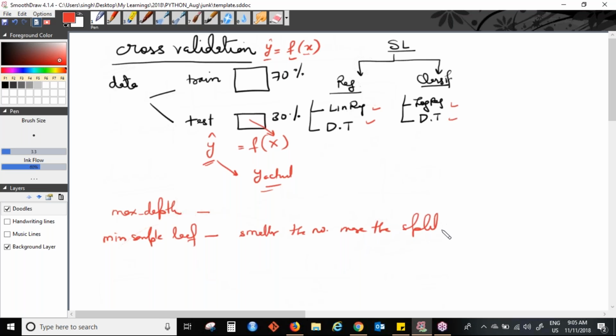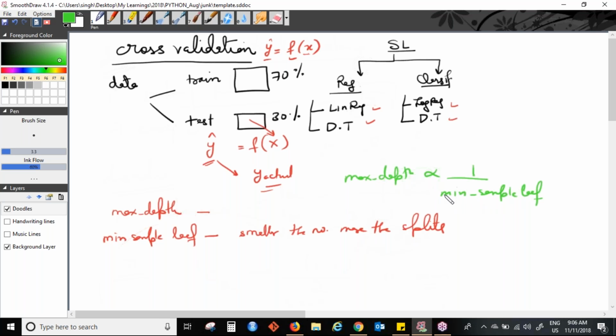Smaller the number, more the splits. Or I can say in other ways that max depth and min samples leaf are inversely related. Right, guys, are you following? Because a higher value of max depth gives you a longer tree, but a smaller value of min samples leaf gives you a longer tree.